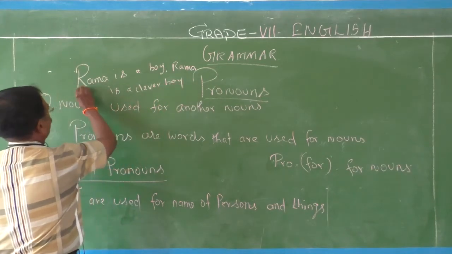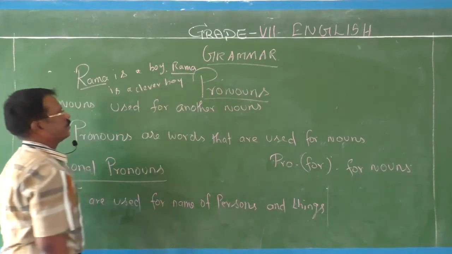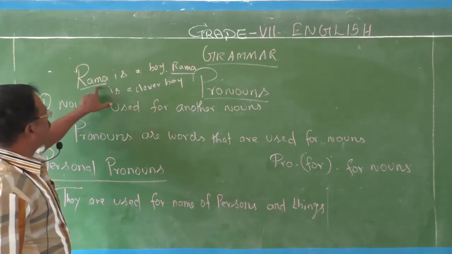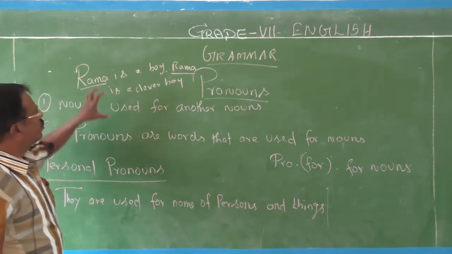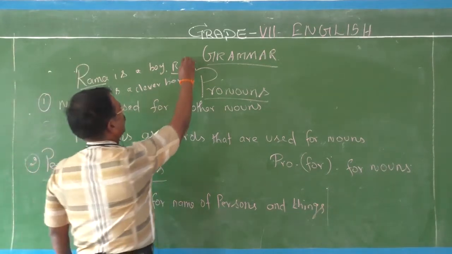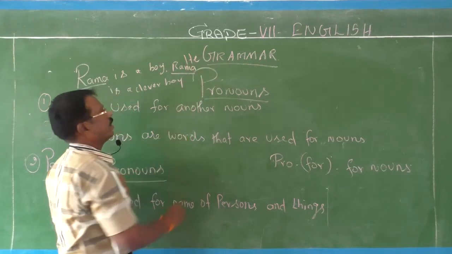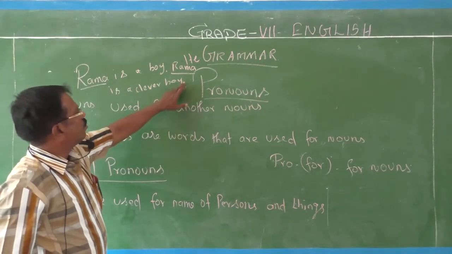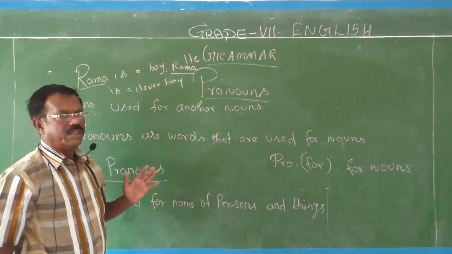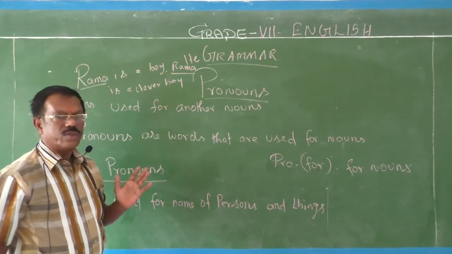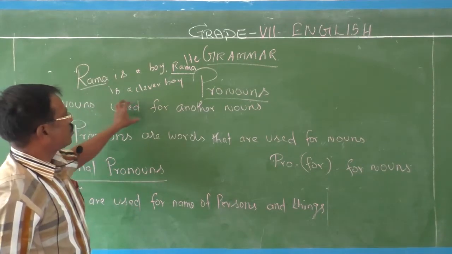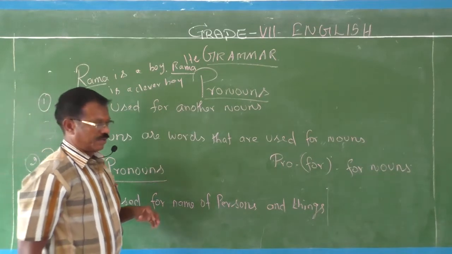Instead of using the proper noun Rama in many places, when you introduce that noun for the first time, you can use the word Rama. The second time, instead of Rama, you can use he. It stands for Rama. This he is used for a proper noun, Rama. Therefore, it is called a pronoun. So pronouns are special nouns which are used for nouns.